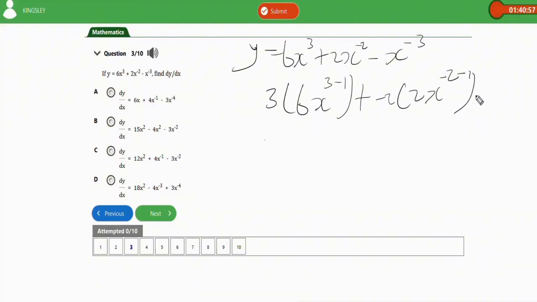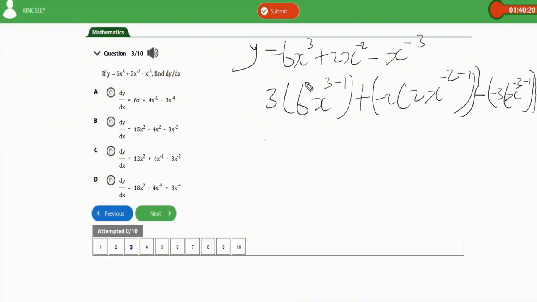Then we have minus 3, we have x, minus 3 minus 1. So that's what we're going to have. You can choose to put a bracket around this to differentiate and handle the sign convention.